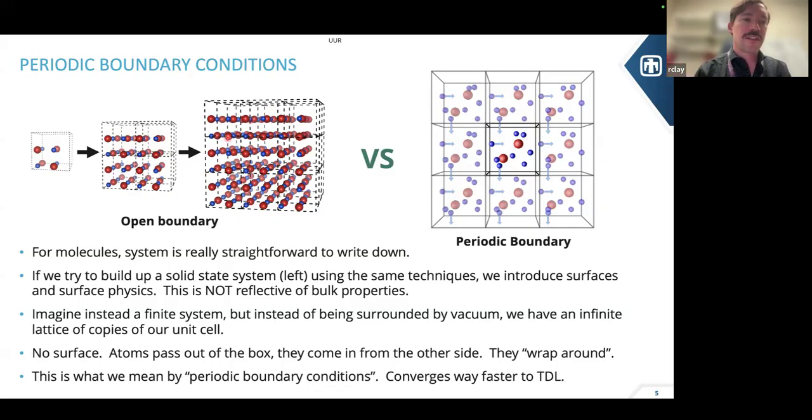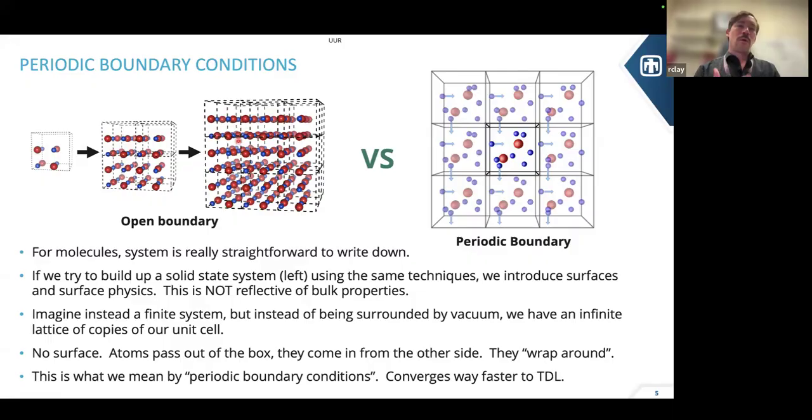But when you're in these tiny systems, the surface actually makes up a significant fraction of the cell. And there are entire journals devoted to surface physics, and they are completely different from bulk physics. And so trying to reach the thermodynamic limit in this way is kind of needlessly wasteful, needlessly complicated.